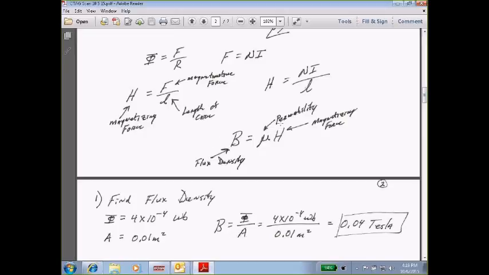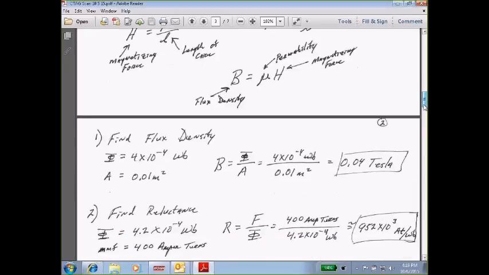Flux density is equal to the permeability times the magnetizing force, which is represented with H. Permeability, again, depends on the material that the core is made out of. Typically, they're made out of sheet steel, cast steel, something similar to that.